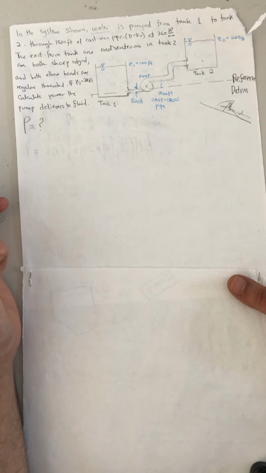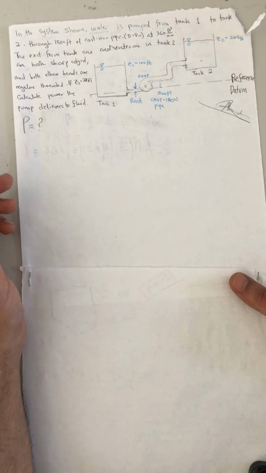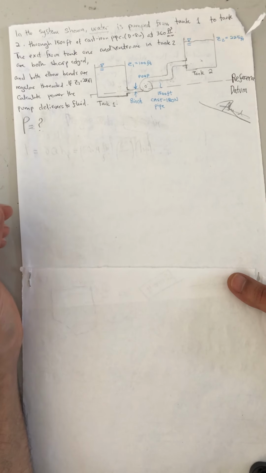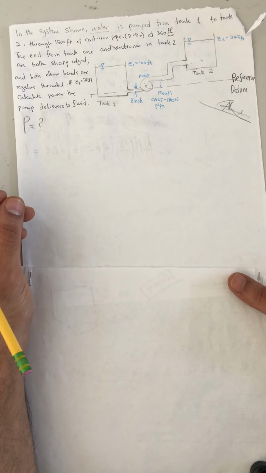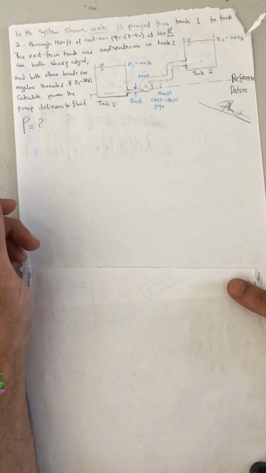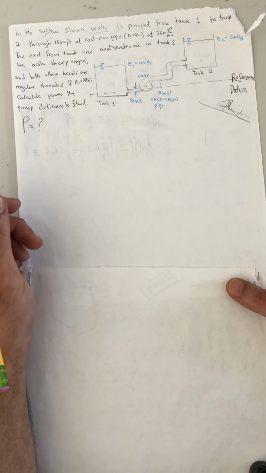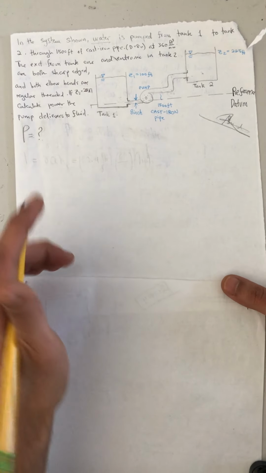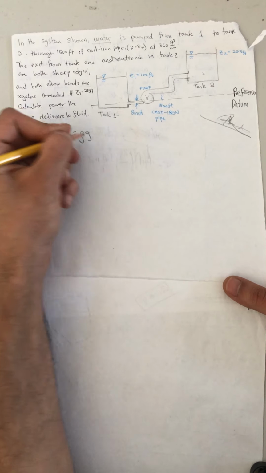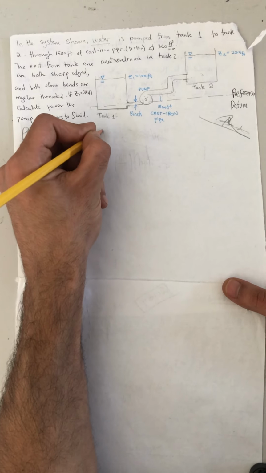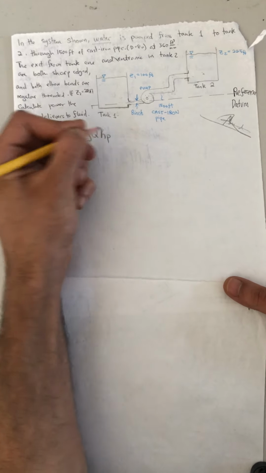Since we are dealing with a pump, we have to understand the performance characteristics of our special device, the pump. The performance of our pump is given by the equation density times gravity times head gain.